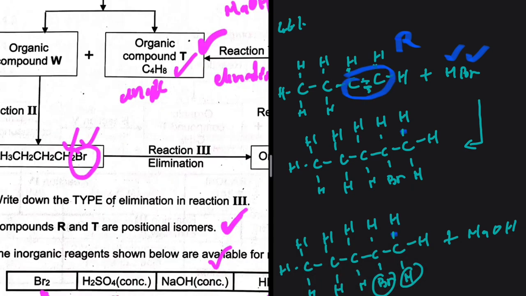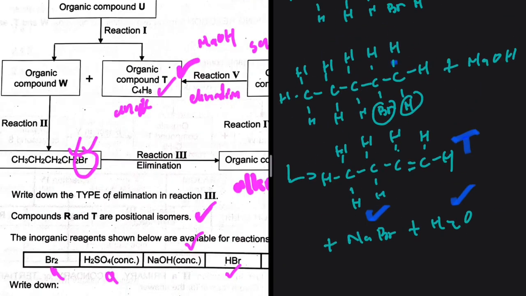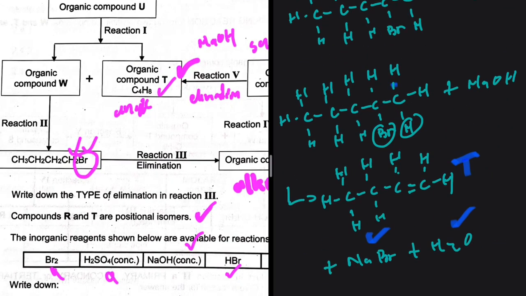We don't have any other option with regards to compound R. But with compound T, we have a bit of flexibility. We cannot have the double bond there, because then T and R are no longer positional isomers. They're just the same thing. So we must actually have the double bond here on the second carbon, right? I don't see an issue why that cannot be the case.